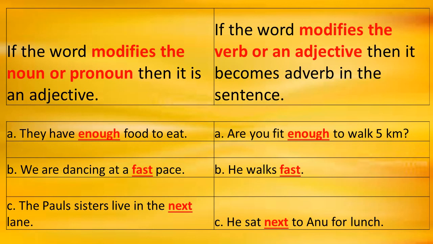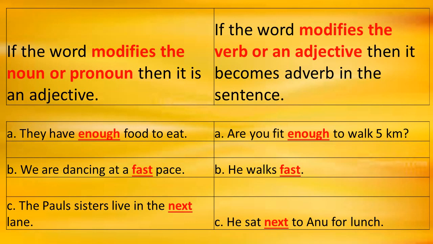In the first example, enough is acting as adjective, and in another example, enough to walk 5 kilometers, here it is acting as adverb. Let us take one more example. The example says we were dancing at a fast pace, and the other example is he walks fast.